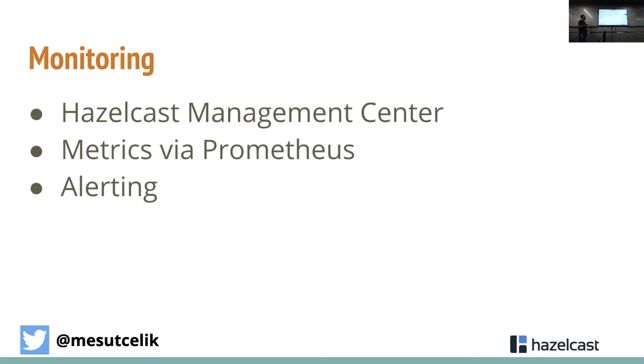And the alerting is another thing you need to configure, based on your metrics in Prometheus, or if you use some resource metrics. So those are the things that you need to consider.